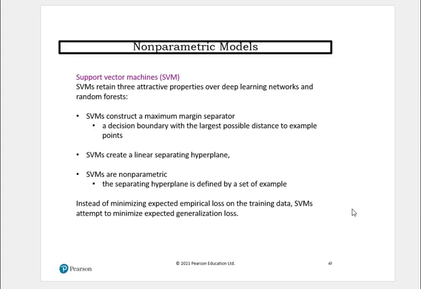Second, support vector machines create a linear separating hyperplane. The idea is, let's say we're looking at a bunch of data points and it's clear that we can't separate them linearly. What a support vector machine does is map the data into a new space where the data becomes linearly separable.